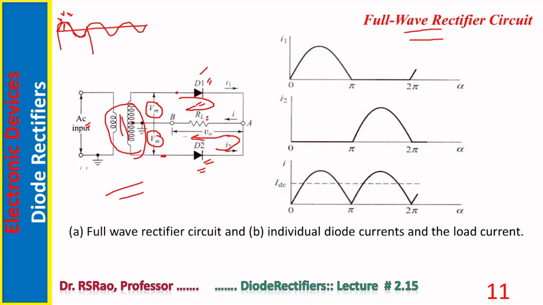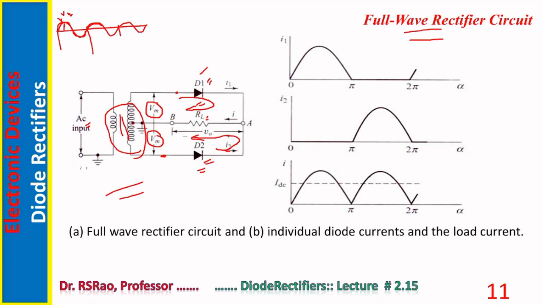So during positive half cycle, as already mentioned, D1 on, D2 off. During negative half cycle, D2 on, D1 off. In the next cycle, again during positive half cycle, the same sequence of events repeats.